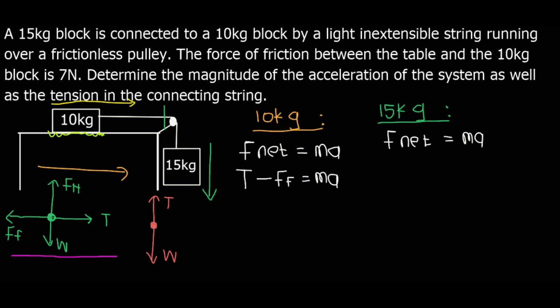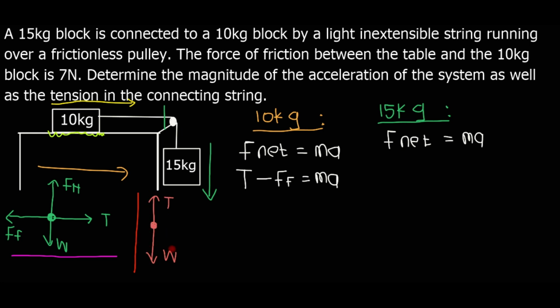And then now let's see this 15 kilogram block. Remember for this 15 kilogram block, the direction of motion is downwards. So the forces parallel to this line are this tension and this weight.